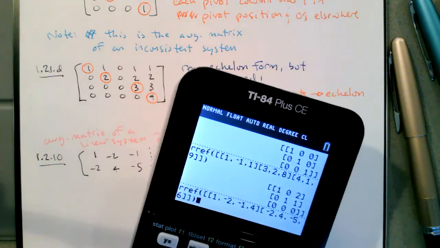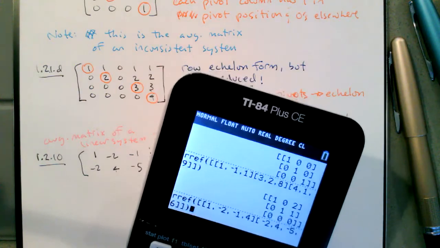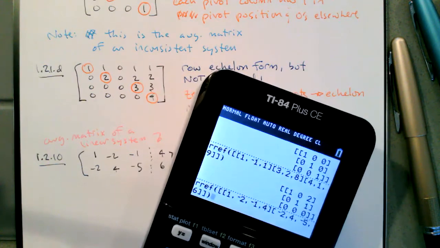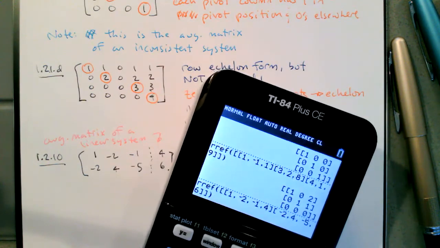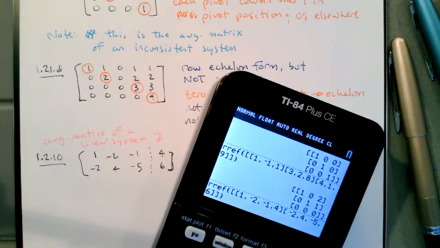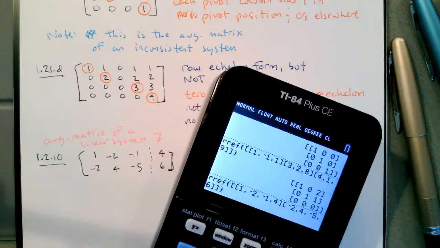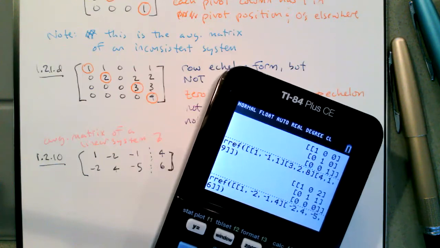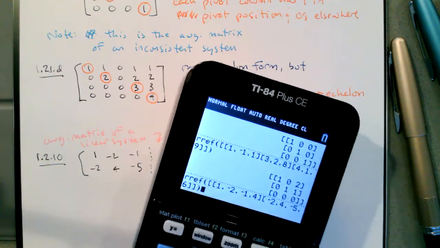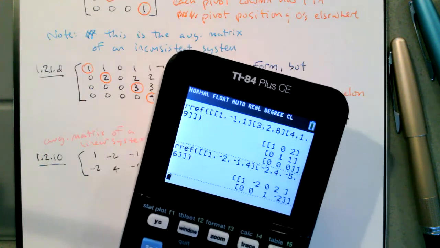Let me double check in my mind if everything is correct. Yeah. So not using any technology of any kind, let me write the reduced row echelon form of this matrix.